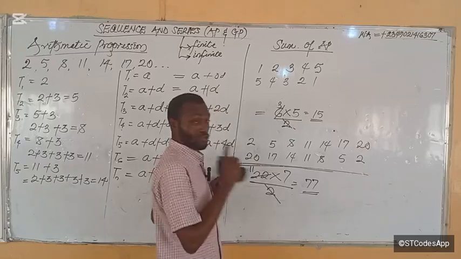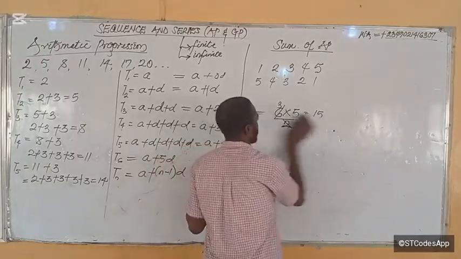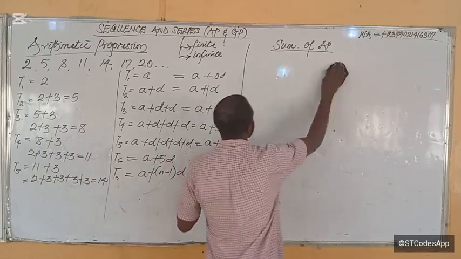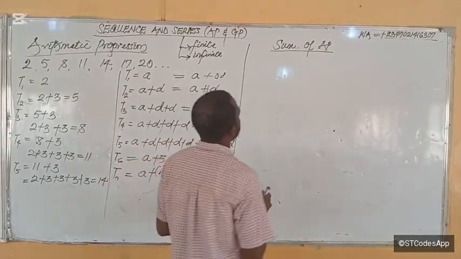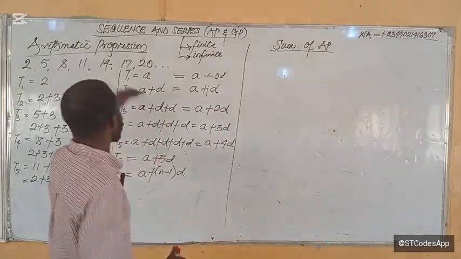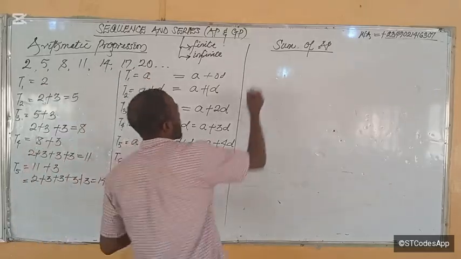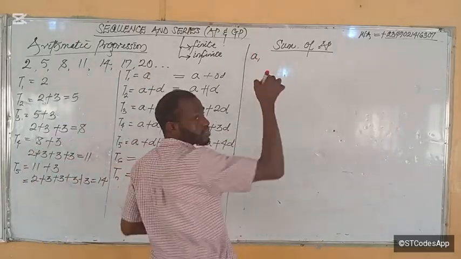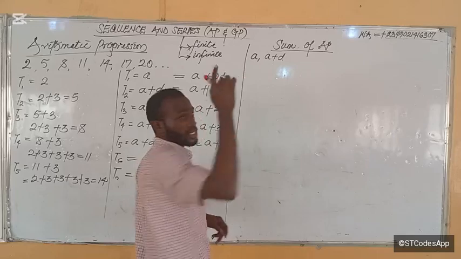Let me now show you the use of this trick. Now look at the use of this trick. If I have a sequence, my first term is going to be A, right? My second term is going to be A plus D, isn't it?